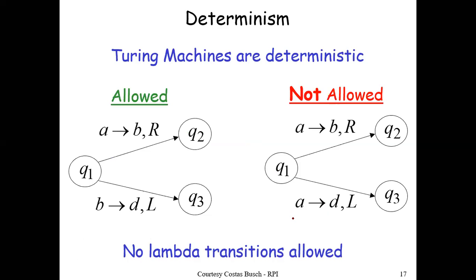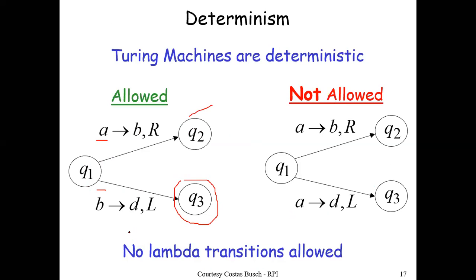Turing machines are by default deterministic. It means you are on Q1 and your tape has A where you are pointing. Your head is on A, then you will go to Q2. You are on Q1 and your pointer is on B, then you are going to Q3. There is no lambda transition allowed for a deterministic Turing machine.